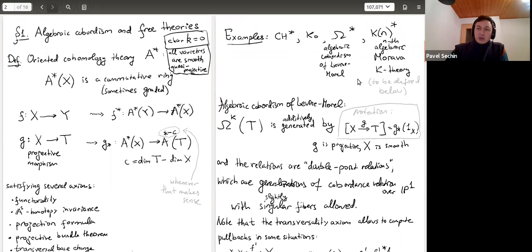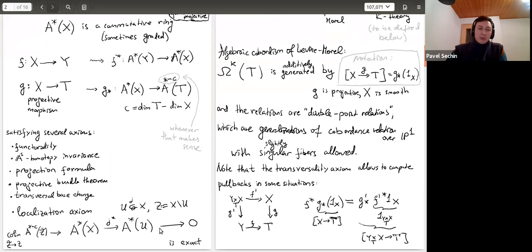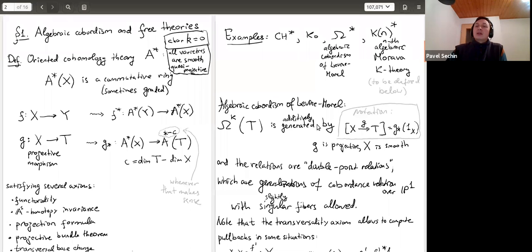And what we're going to discuss a little bit later is the algebraic Morava K-theory. So for Chow groups and for K-theory, all these properties are well known, including the localization axiom. And for algebraic cobordism, they are all results of the construction of Levine-Morel and of their theorem about its properties. So what is algebraic cobordism of Levine-Morel?